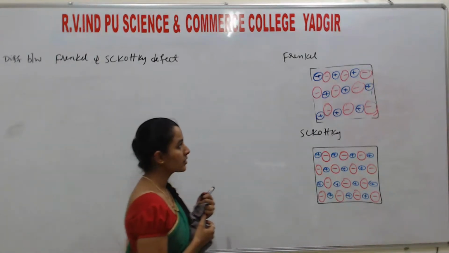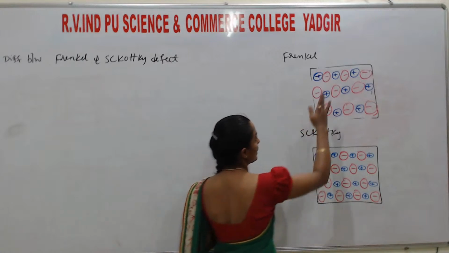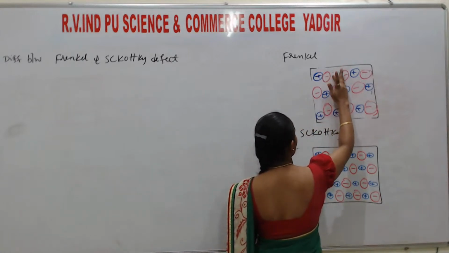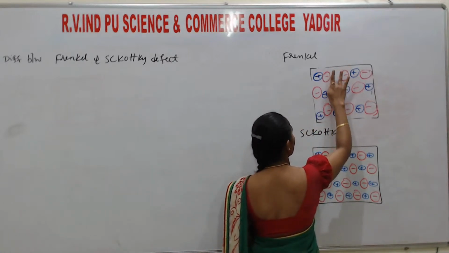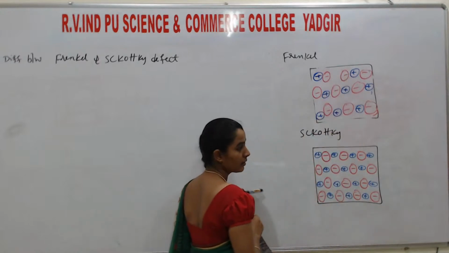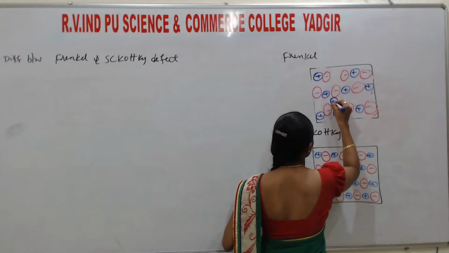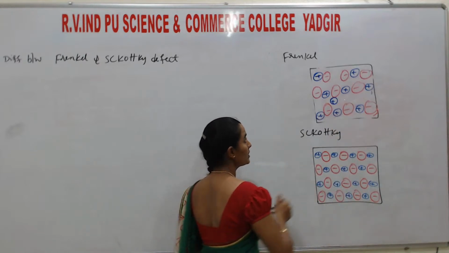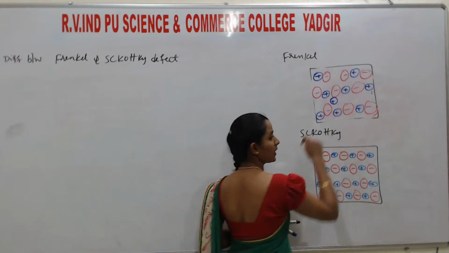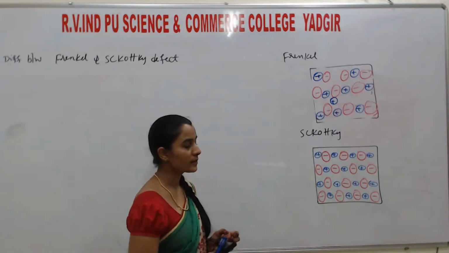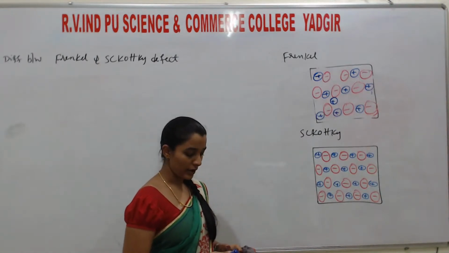So in Frenkel and Schottky defect, what happens, students? Here the cations are smaller in size. They are dislocated from the original site and they occupy an interstitial site. What happens? Dislocation of cations takes place. Why only cations? Because they are smaller in size.